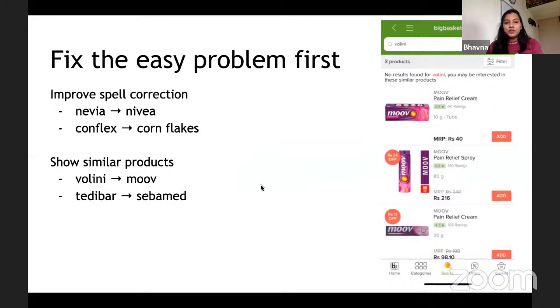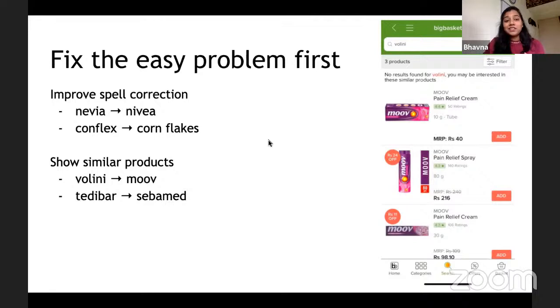So the first thing that we did was we fixed the easy problem. The easy problem is to fix the spell correction, where we said that Nivea should be corrected to the right spelling of Nivea, and Conflicts to the right spelling. If you want to solve it in the best way, we will have to make changes in the system's correction algorithms.